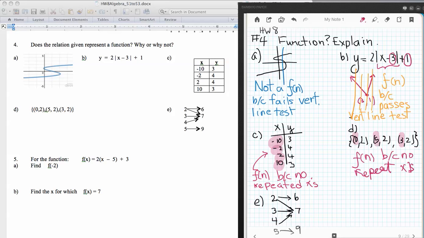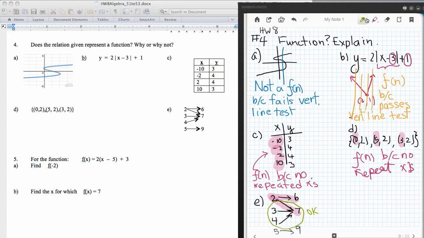All right, now moving down to this next one. This one always kind of confuses students because the one that hangs people up is the fact that 3 goes to 7, 2 goes to 7, and 4 goes to 7. That the fact that all these go to 7, that's okay. What is really the killer here is this one right here, that 2 goes to both 6 and 7.